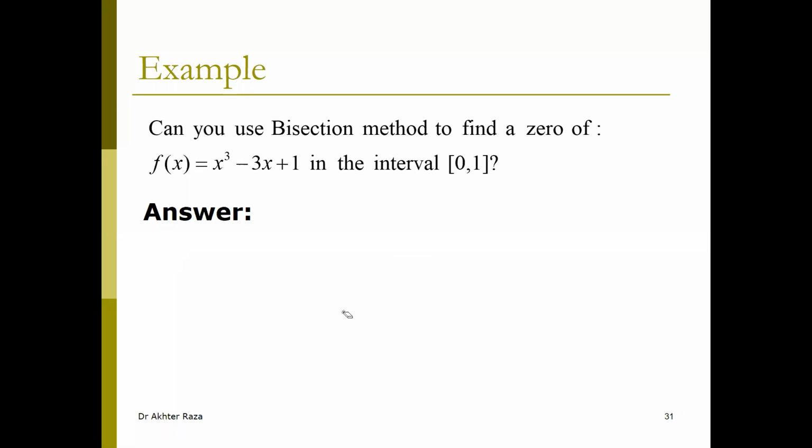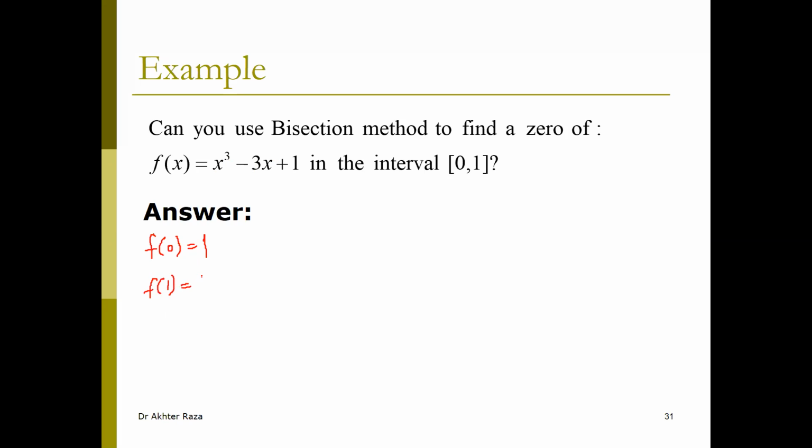Another example. In this example, we have the same function, but the interval is changed. Instead of the interval given in the previous slide, we have another interval, which is 0 and 1. So f0 is 1, because when we put 0, it will be 1. Then we calculate f1.